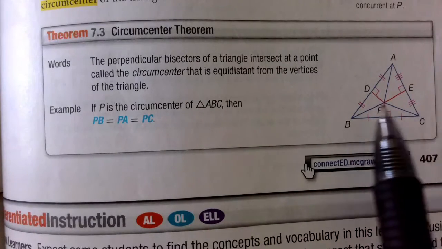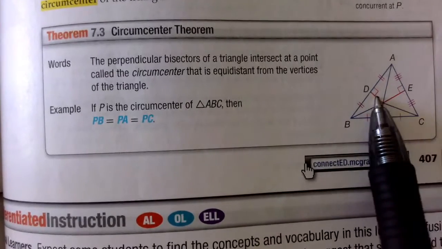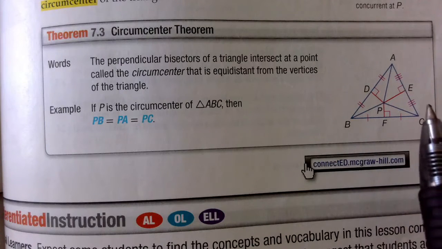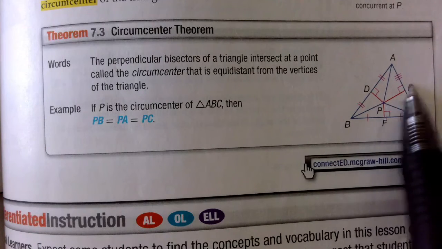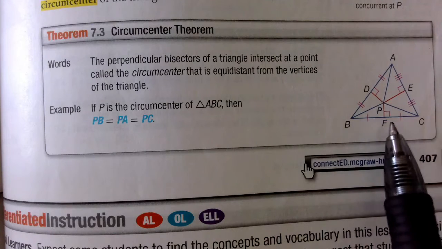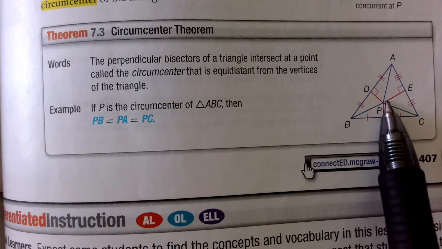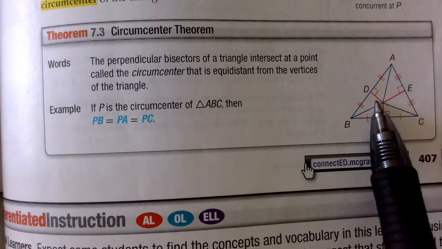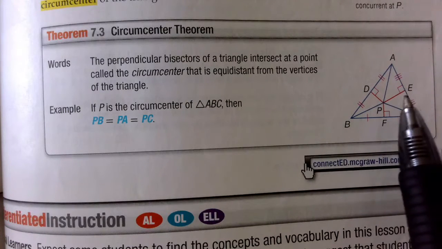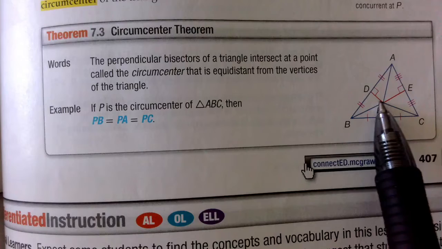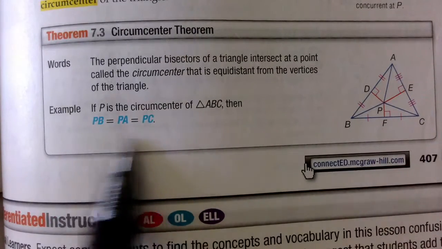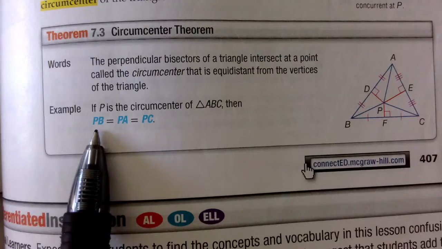Circumcenter is where the 3 perpendicular bisectors intersect. So once again, it's where the 3 perpendicular bisectors intersect, or DP, FP, and EP. All 3 of those are perpendicular bisectors, so where they intersect is called the circumcenter. Now, one of the most important things is this right here about circumcenter.